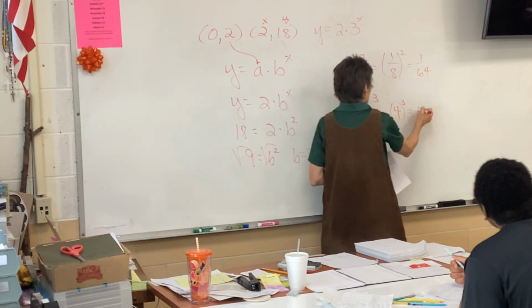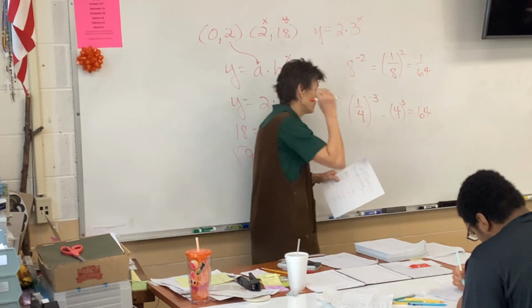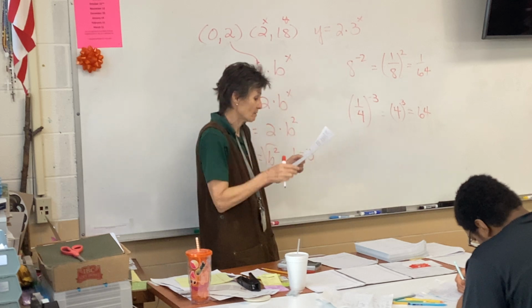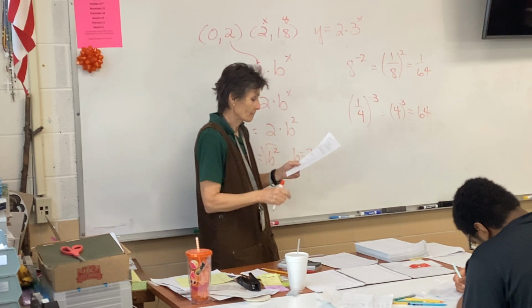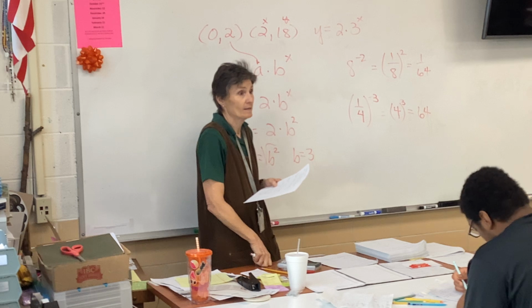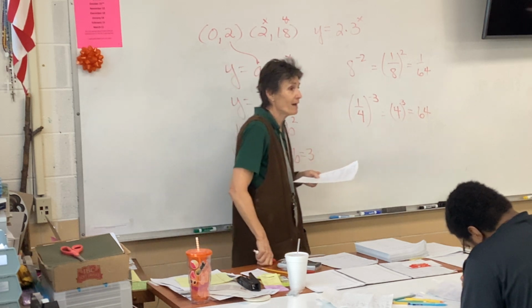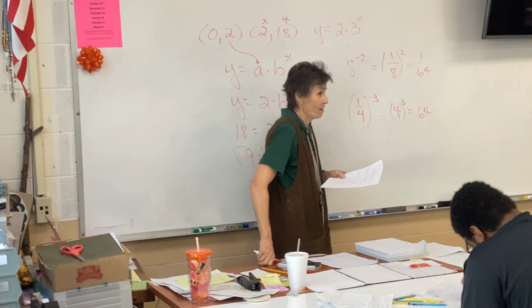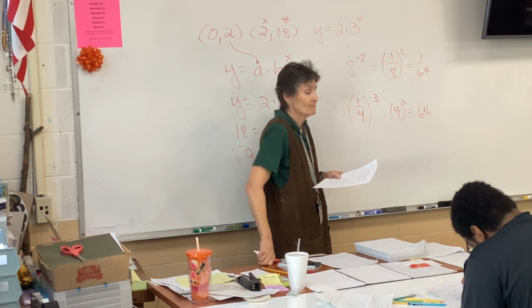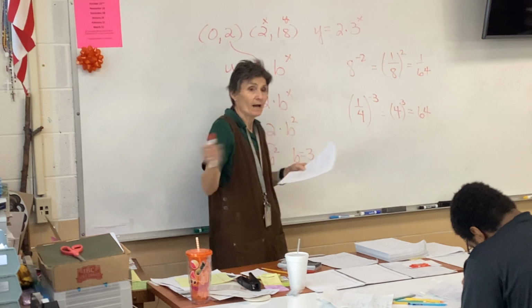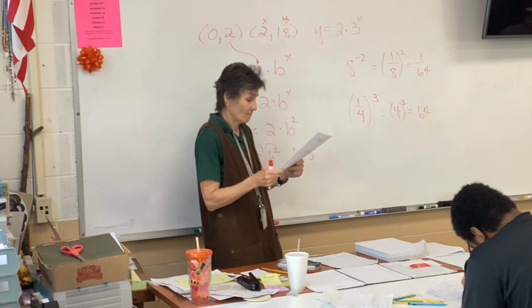That's 64. You'll have a baby calculator if you need it. 4 times 4 times 4. Ooh, C is easy. What's C? 5. Why is C 5? Because the ln and e are touching each other and they knock each other out. So it's just 5. Perfect.